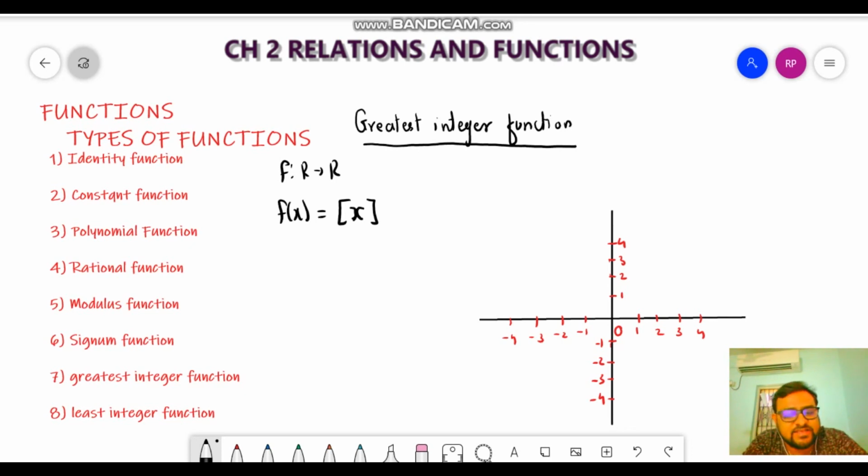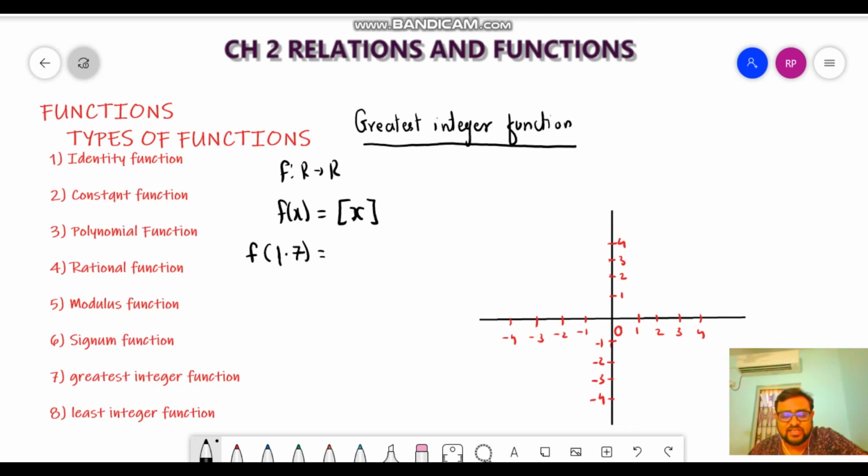That means it is the greatest integer which is not greater than that, or less than or equal to. Clear? I will give you an example: if I take f of 1.7, which is the greatest integer which is not greater than 1.7, or which is the greatest integer but less than 1.7?